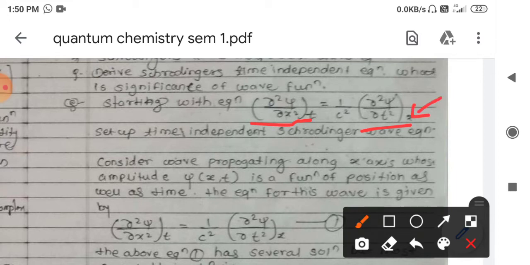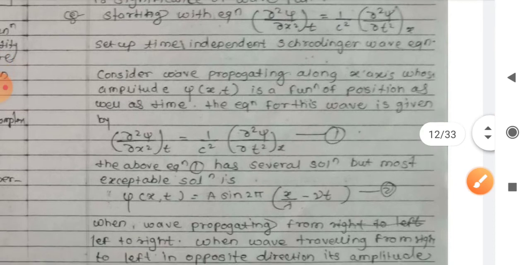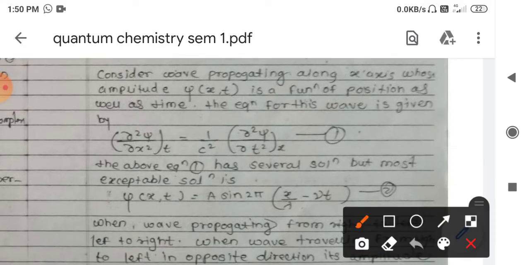Now consider the wave which is propagating along the x-axis only. Then the wave function of the given wave is psi, a function of x and t, that is, position as well as time.